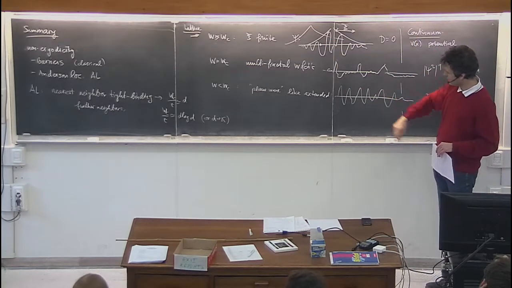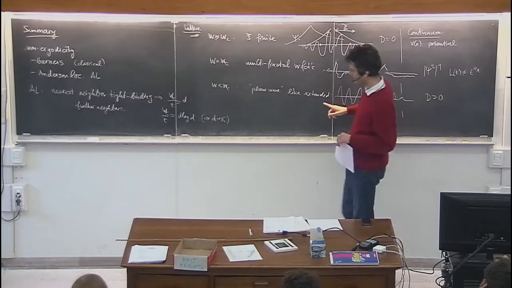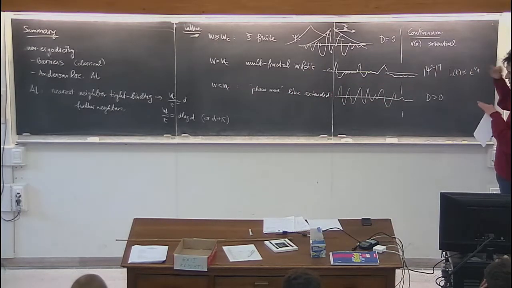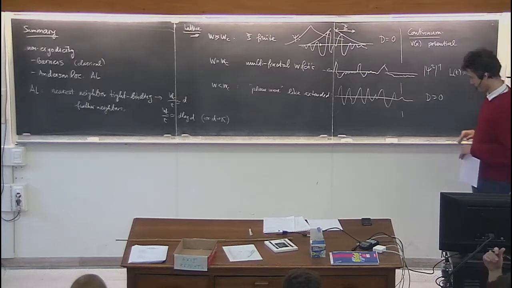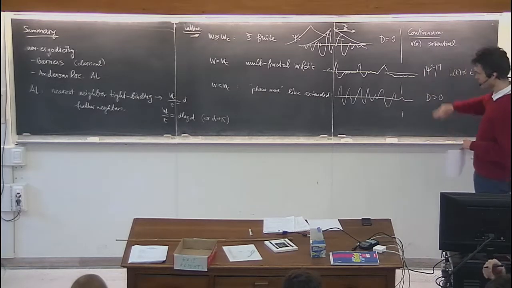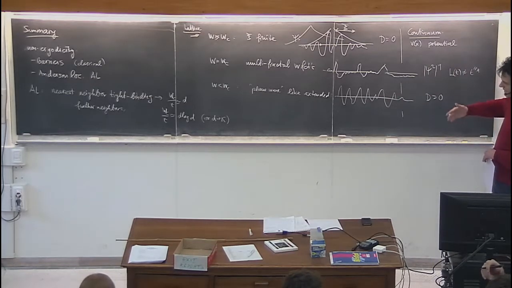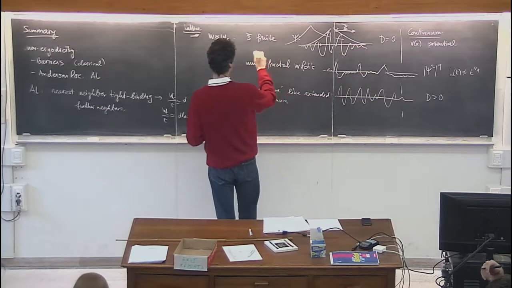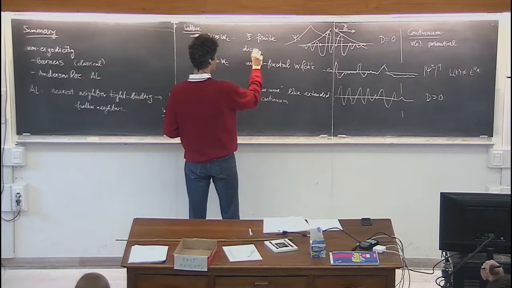If you do that here, and if you think of the clean limit where w is 0, then you see just a continuous spectrum. You see just a band of states that goes from more or less minus the hopping to plus the hopping in one dimension, right? So here you have a continuous spectrum, and here you have a discrete spectrum or a point spectrum.